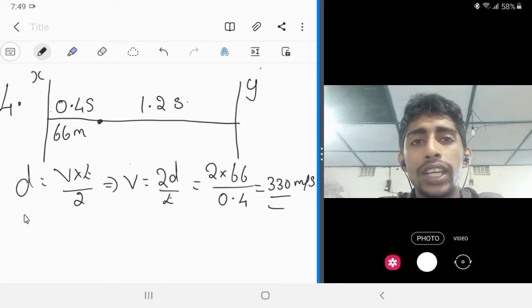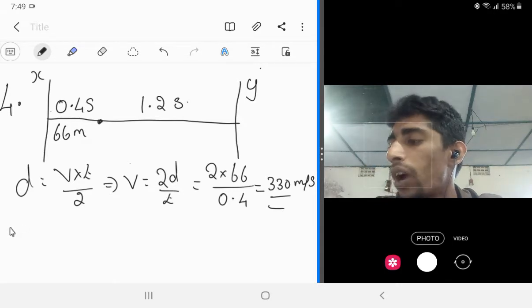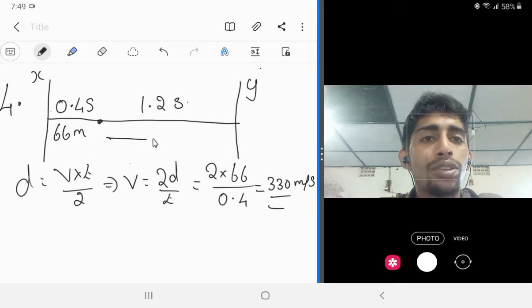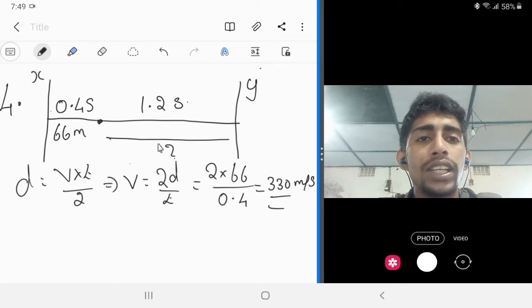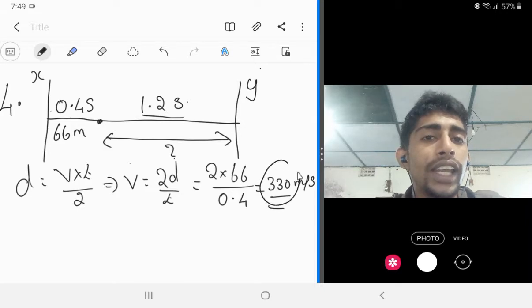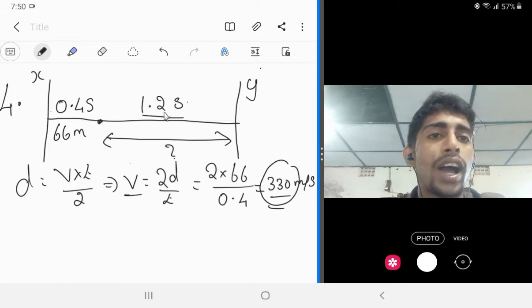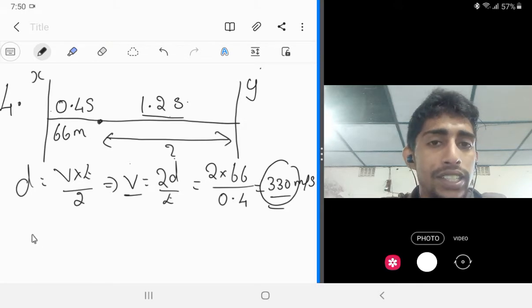Then the second one is we have to find out the distance of cliff Y from the man. Here we have the time and we have the speed of sound, and we have to find out the distance.